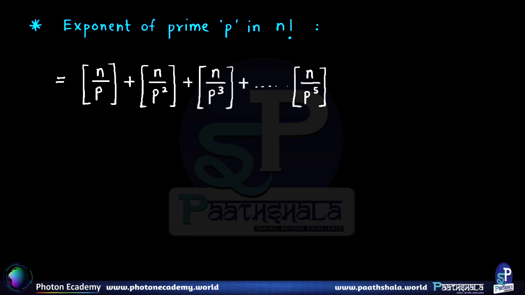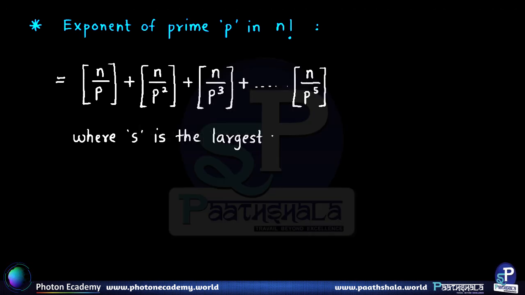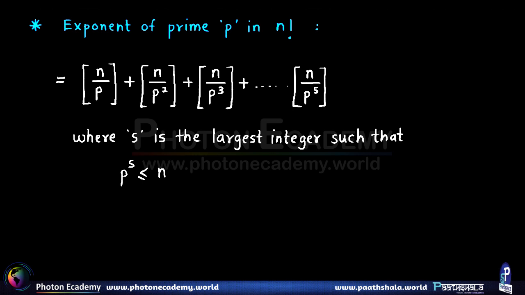Now this s has to be the largest number such that p raised to s is just less than the number n. So here we write where s is the largest integer such that p raised to s is less than n, which is less than p raised to s plus 1.